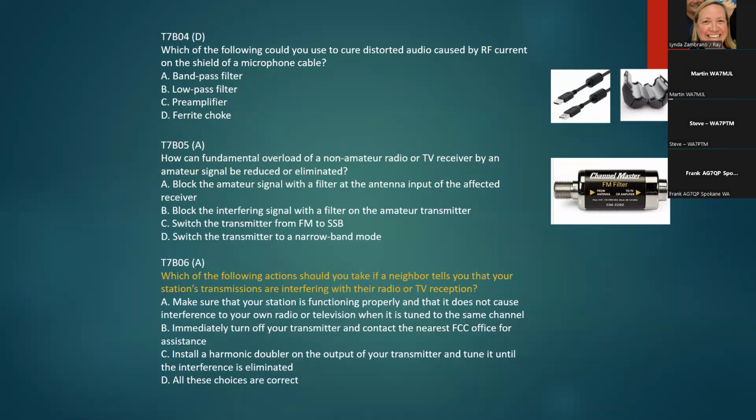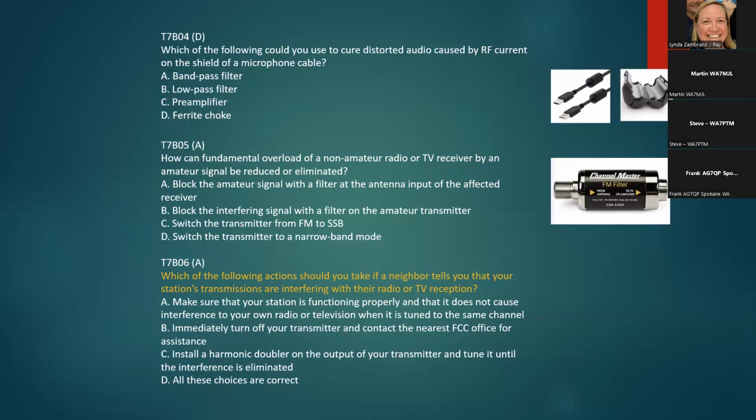Question B6, which of the following actions should you take if a neighbor tells you that your station's transmissions are interfering with their radio or TV reception? That's one of the major complaints that some folks have about amateur radio operators, and it's very seldom the amateur's fault.